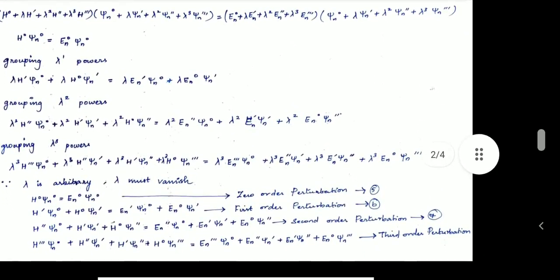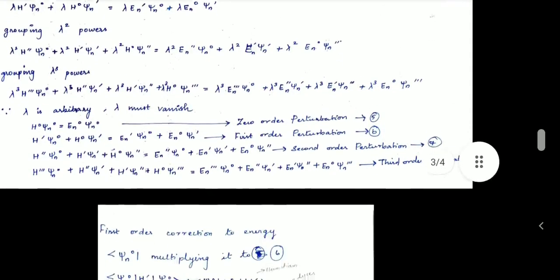So likewise we are grouping it into lambda square powers and lambda cube powers, and since lambda is arbitrary, lambda must vanish in all the terms. So when lambda vanishes, we arrive at zero order perturbation, first order perturbation and second order perturbation. As we are interested only up to second order perturbation, we neglect the terms beyond equation 7.